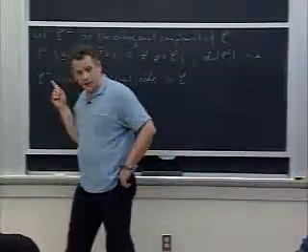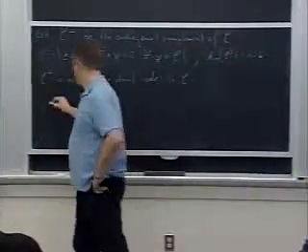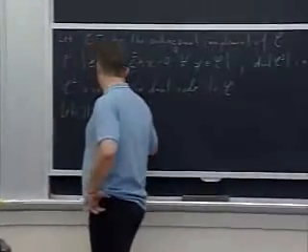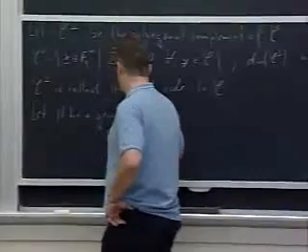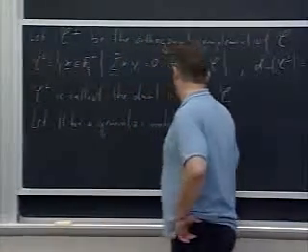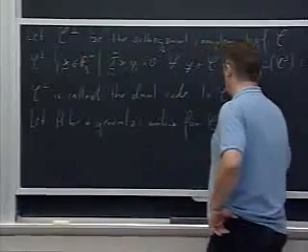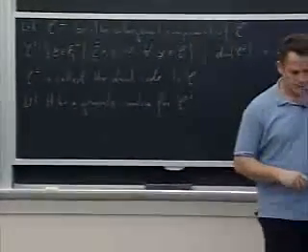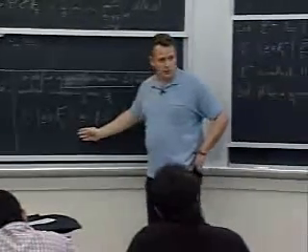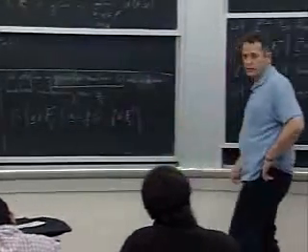If it is a code, it has a generator matrix. Let H be a generator matrix for C dual. In particular, we could define C dual by the equivalent of this relation here.